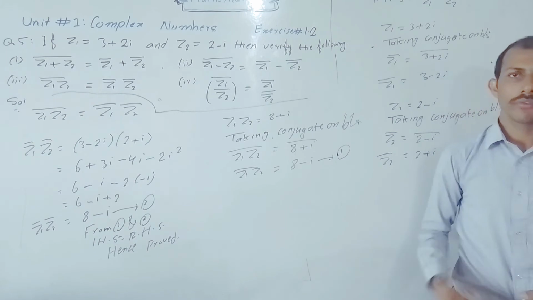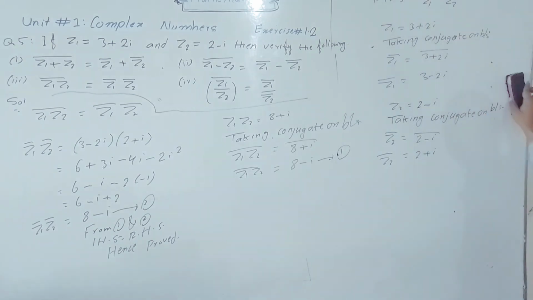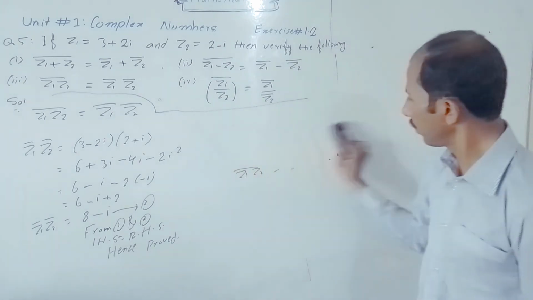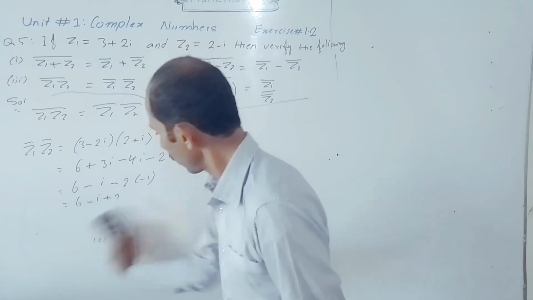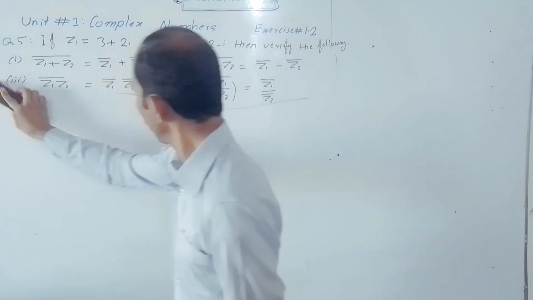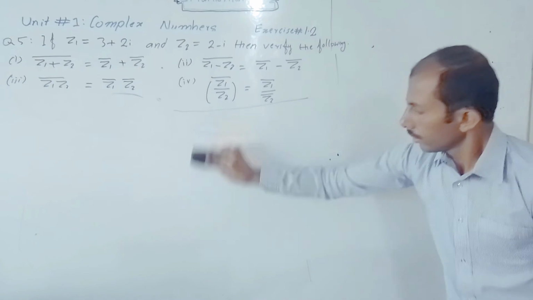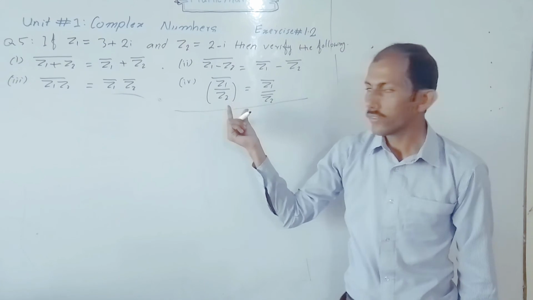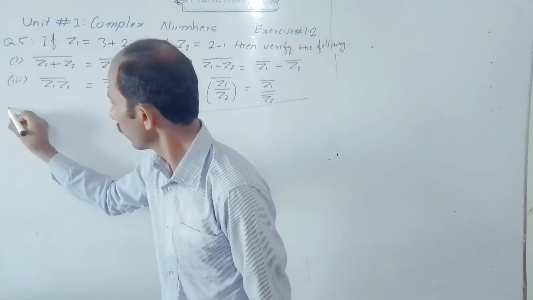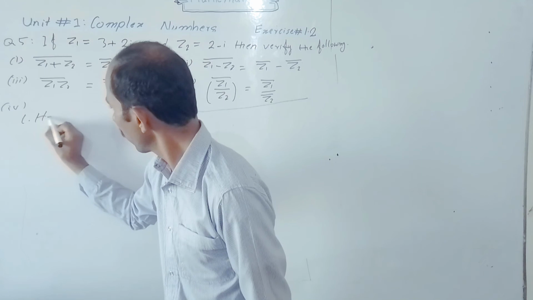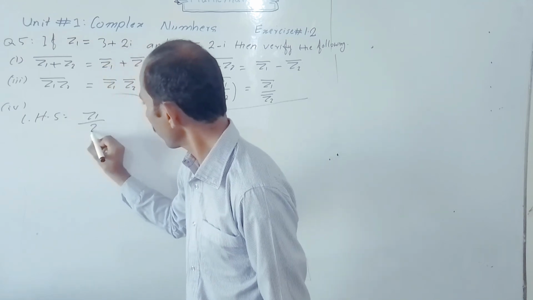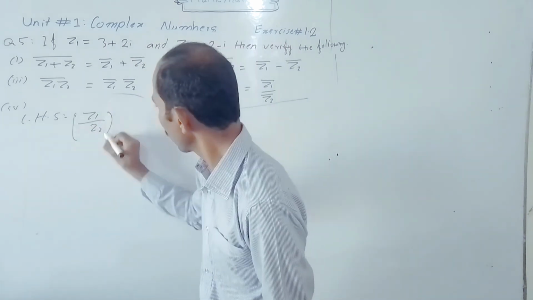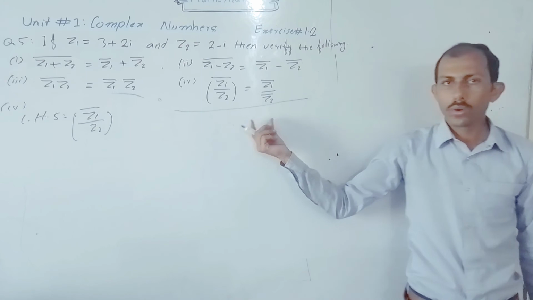Next, part number 4. Part number 4, that is, left hand side, (Z1 divided by Z2) whole conjugate.